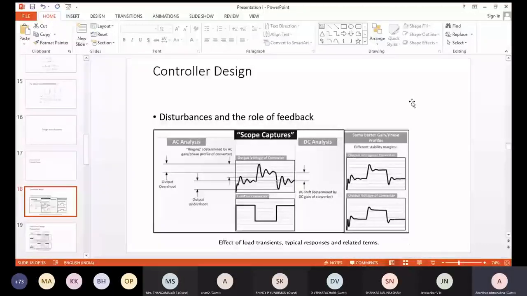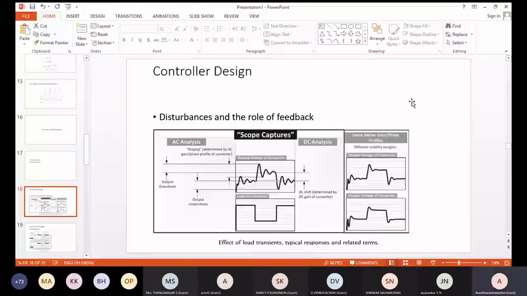Similarly, if the current changes, what happens? Let the current change, and whatever the new conditions are, obviously the duty cycle has to change. Why should we call it a disturbance? Basically, whenever we say disturbance, it means that the power converter has to adjust to the new conditions.